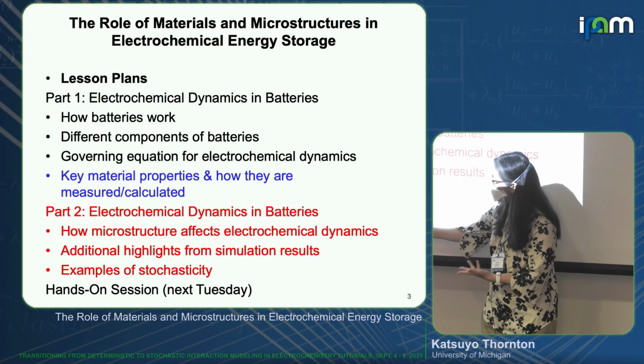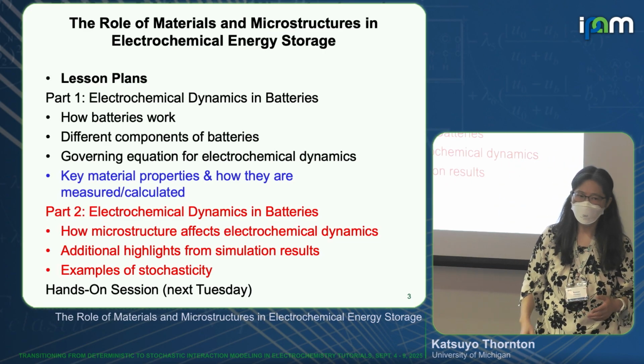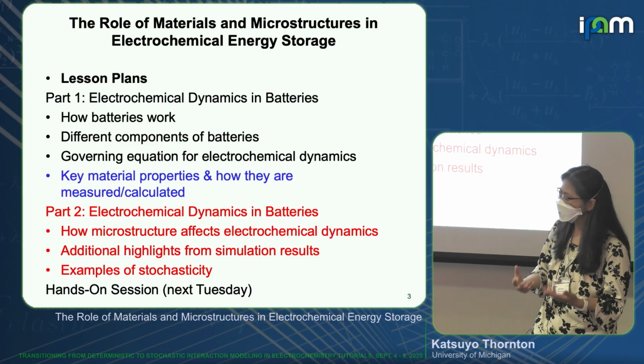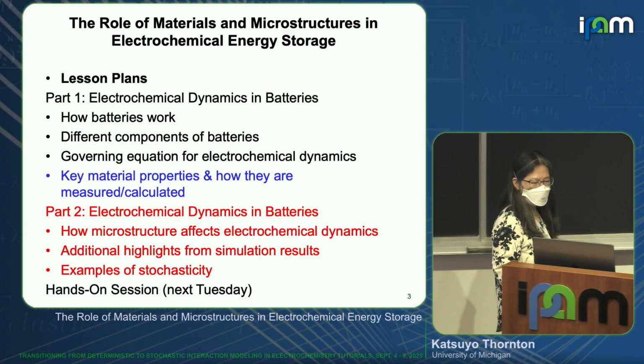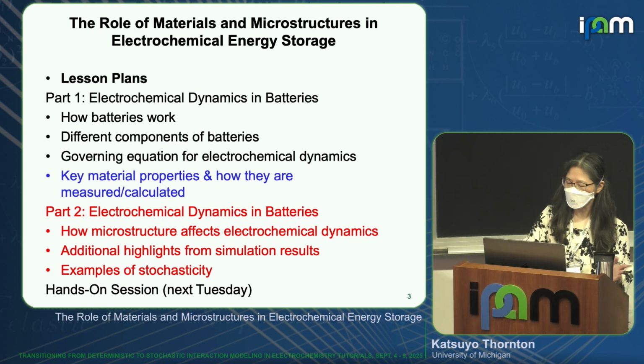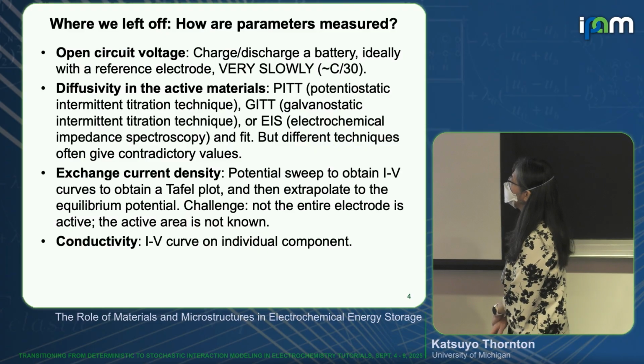And then the hands-on session is going to include some phase field model application, diffuse interface model application. I have to develop it between now and then, but that's what's coming up.